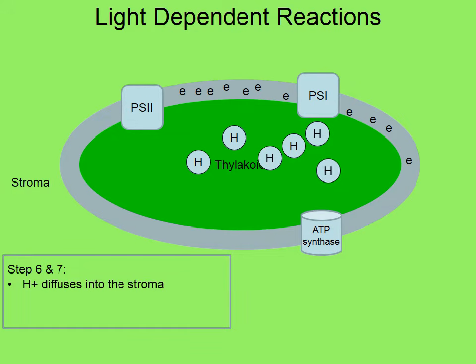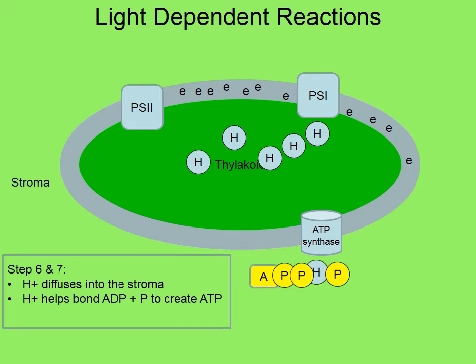And what happens is when hydrogen diffuses through ATP synthase, you can probably hear the words ATP synthesis in your head. ATP synthase draws together an ADP and a P, a phosphate. And when ADP is bonded with a phosphate, we have a molecule of ATP, adenosine triphosphate, that's been created.